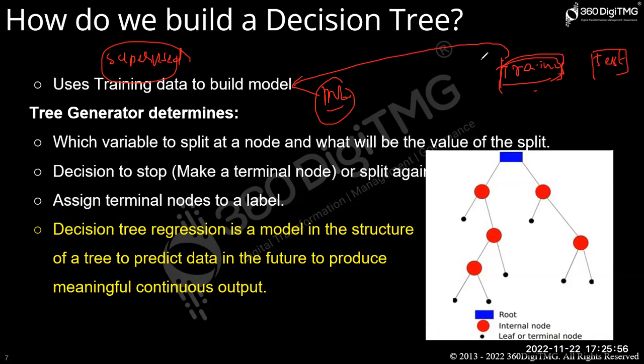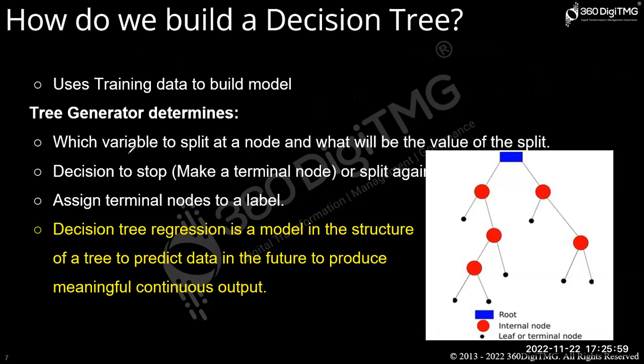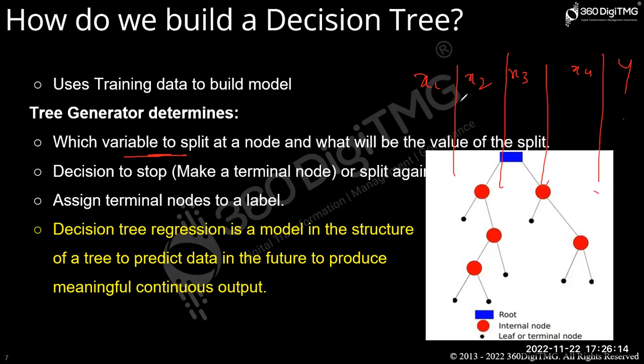Pre-generate determinants. So what exactly is which variable to split at a node, and what will be the value of the split. So let's say we have considered these features x1, x2, x3, x4, and then we have y as the output. So these are all various variables, right?